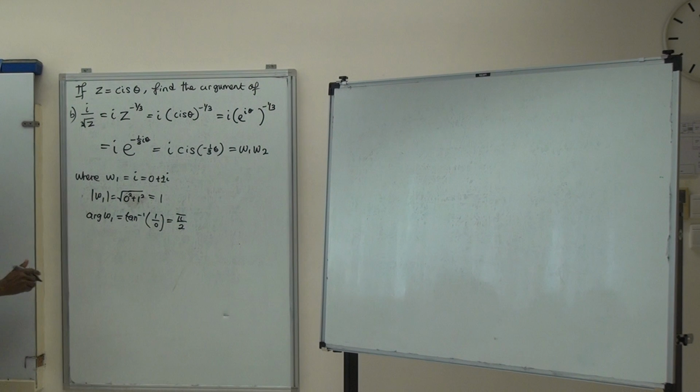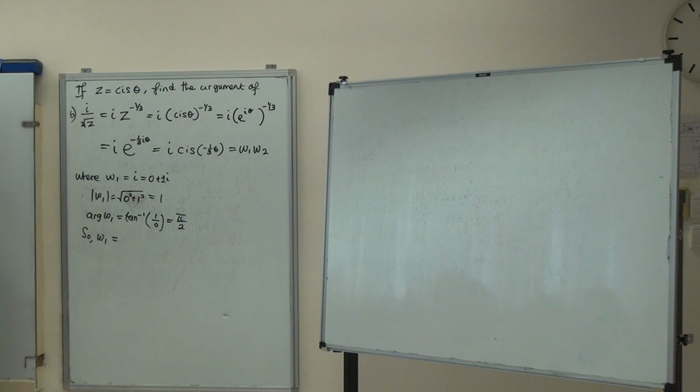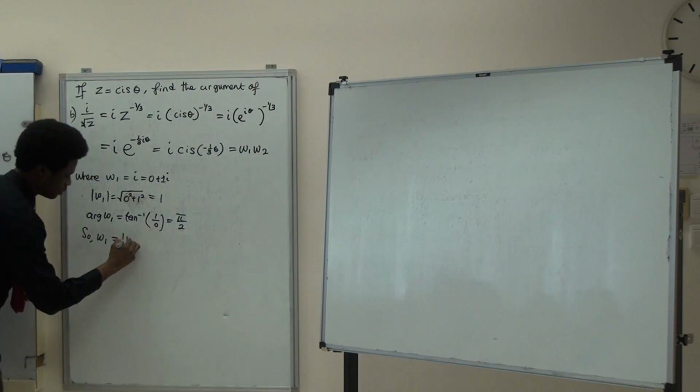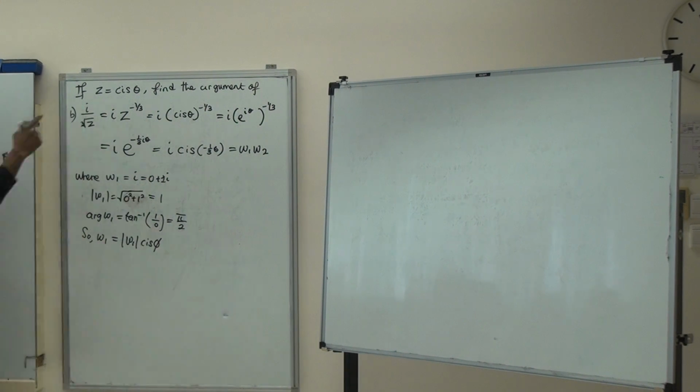Which means the polar form of i, so W1, is: the polar form of a complex number is the absolute value of the complex number, then CIS of the argument, right? I call it phi because we're already using the variable theta.